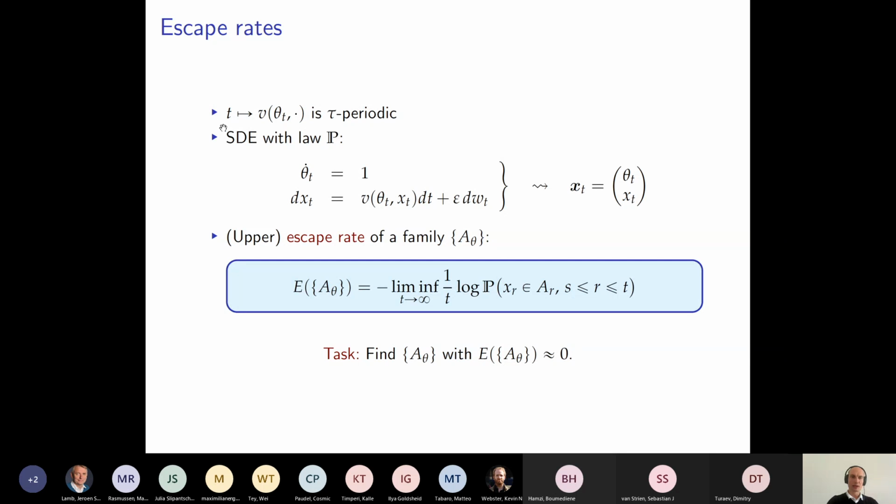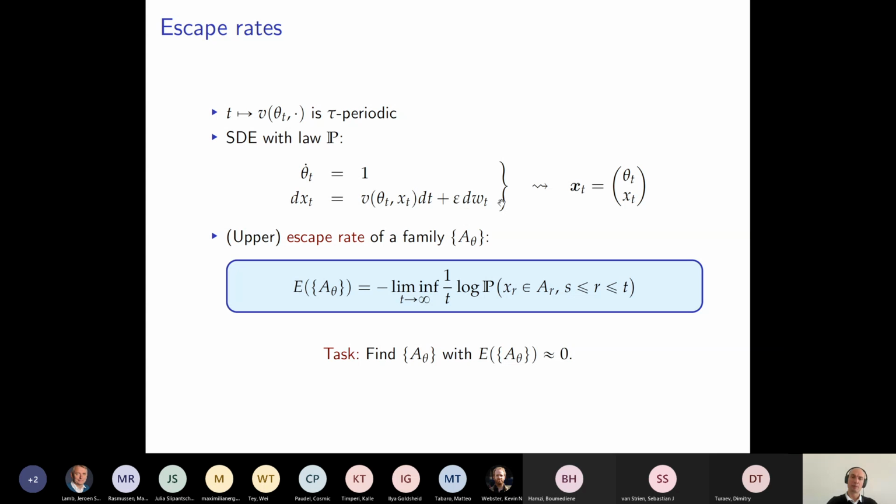For starters, to make things simple, let me consider a right-hand side which is tau periodic. So it's periodic with a finite period tau. Then I consider now a slight stochastic perturbation of my dynamics. So I have this non-autonomous system here from the previous slide, but I add a little bit of stochastic perturbation.